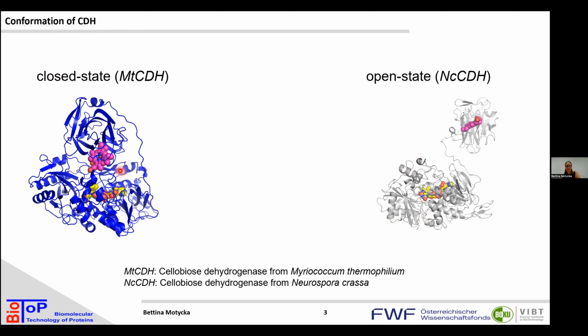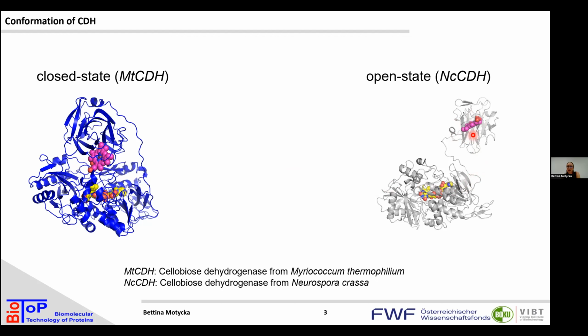The one was crystallized in a closed state, where you can see that the 2 domains are close together, as well as the 2 cofactors, indicating that this interdomain electron transfer is favored. Whereas in the open state, the cytochrome domain moves further apart, and the heme B is now oriented towards the surroundings, so that it can interact with biosensors or LPMO or all other reactants.